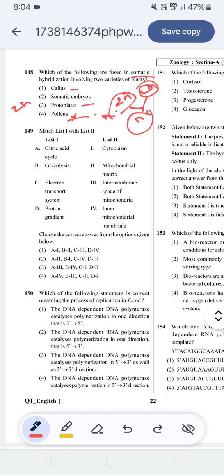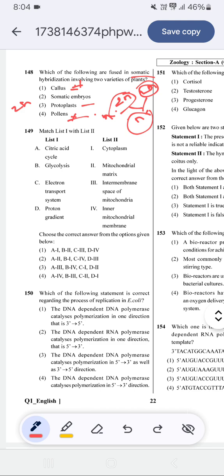Callus, from callus itself we will get different varieties of cells, right? From callus we will get root cells, stem cells, leaf cells. So it will be undesirable if we select the callus for hybridization. We will not get the desired hybrids.